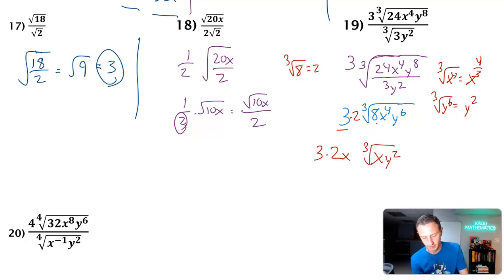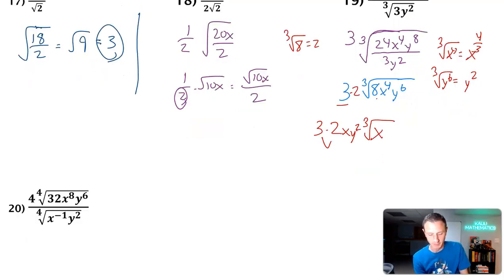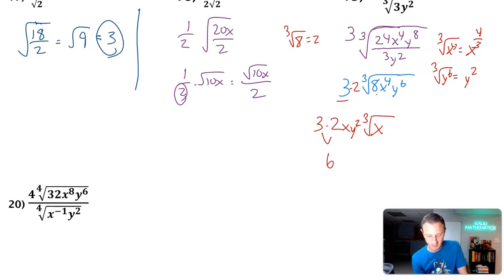I'm sorry, y squared comes out of the radical, not in the radical. So y to the 2nd with nothing left on the inside there. And then that 3 times 2, don't forget about that. That was 6xy squared cube root of x.